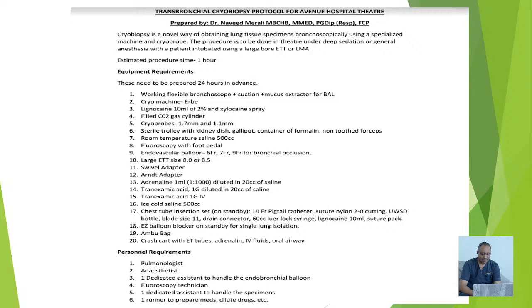We also have an assistant to handle the specimen, and also a runner nurse who will be useful in terms of sorting out any other things that may occur during the procedure. It is very important to have a crash cart on standby in case your patient complicates. These things we make sure are ready at least 24 hours before the procedure.